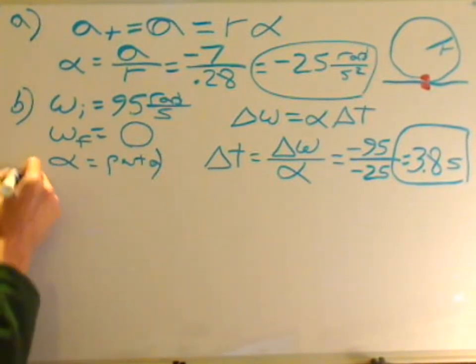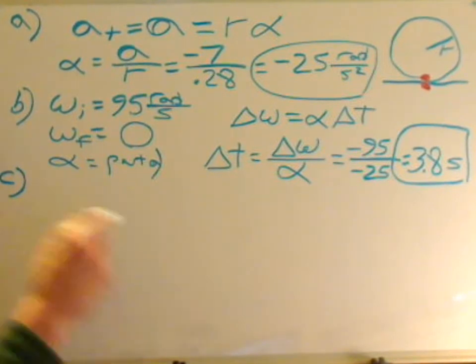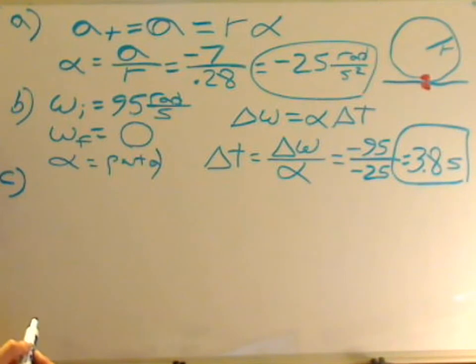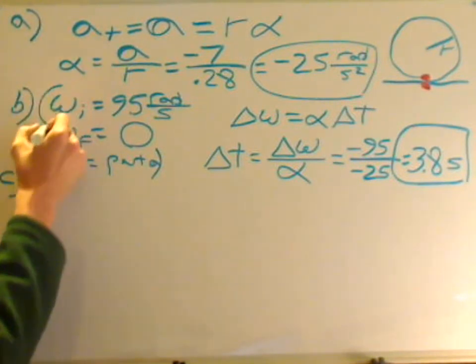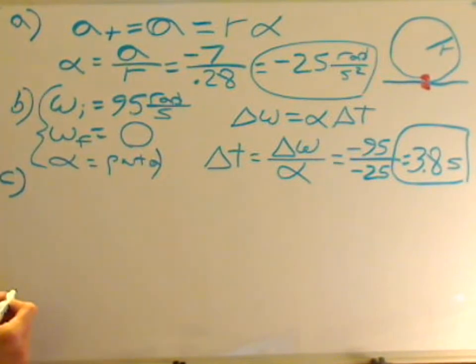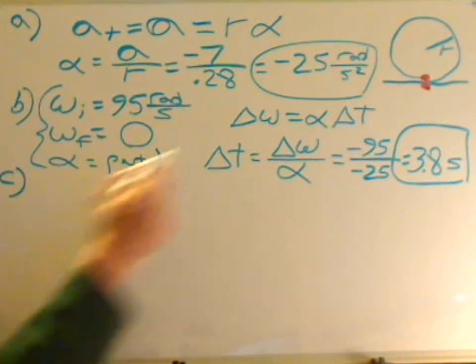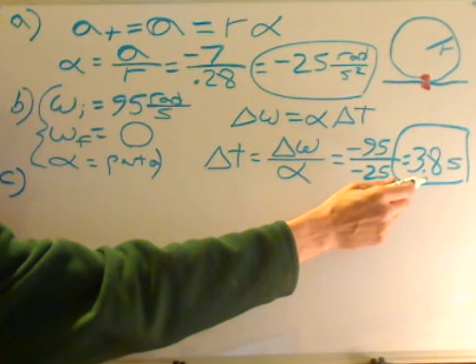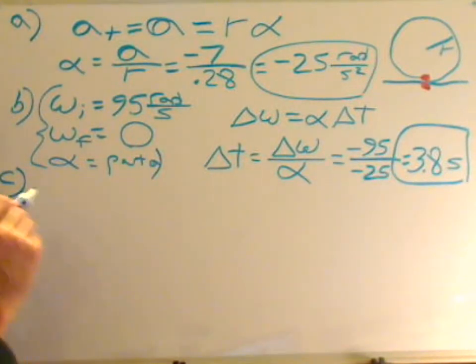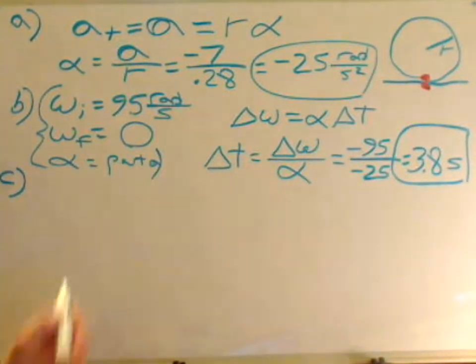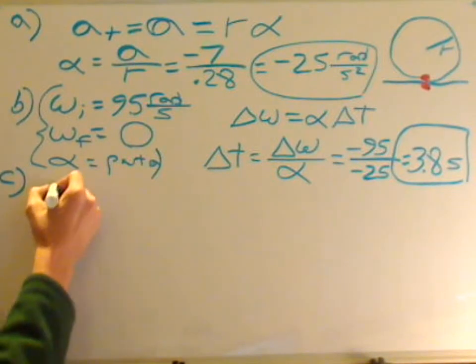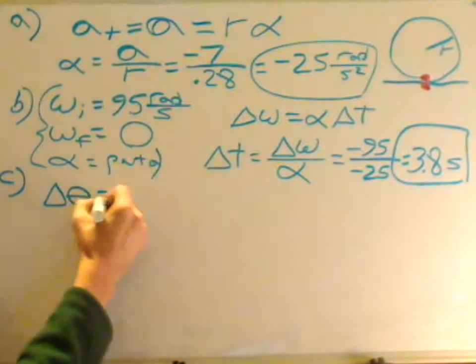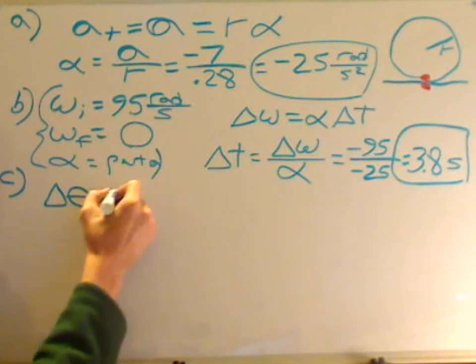Now in part C, we want to know how many revolutions the wheel goes through in coming to a stop. All these parameters are exactly the same for part C, and we have an additional piece of information, delta t. So if we go through our kinematic equations, we'll see that this one will tell us what angle the tire has gone through.